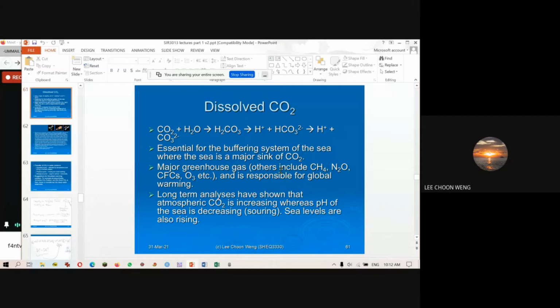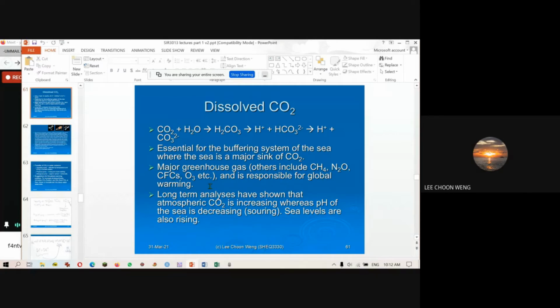Of course, there are other greenhouse gases, for example, methane, nitrous oxide, CFCs, chlorofluorocarbons, and ozone. Okay.